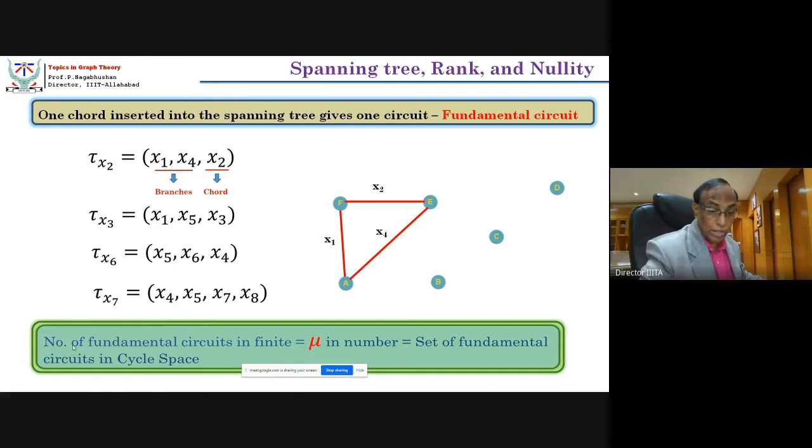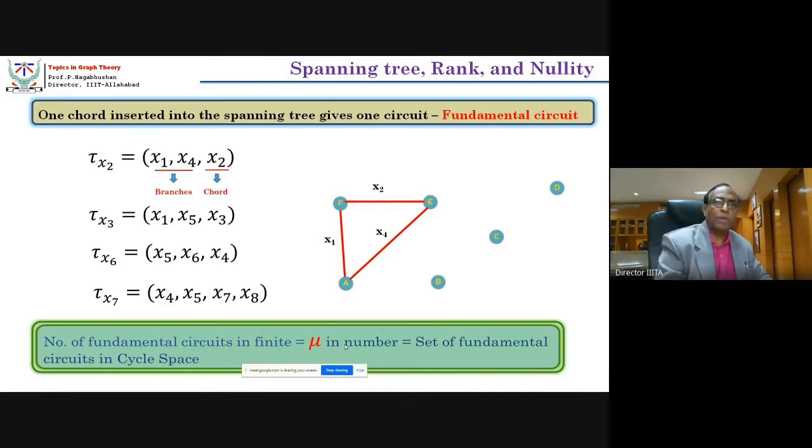All right. So the number of fundamental circuits is definitely finite, which should be equal to nullity in number. As many cards are there, so many fundamental circuits shall be there. These are fundamental circuits. Don't get confused with all possible circuits. There are many possible circuits in a graph, but all possible circuits do not make a fundamental circuit.